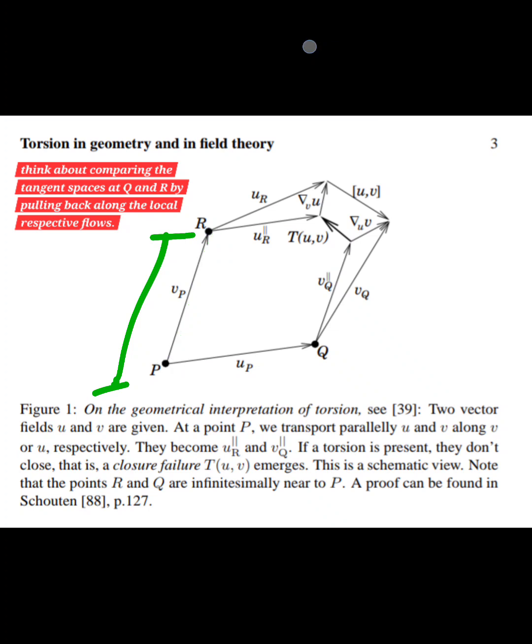And then we can define this same process for the direction u here and the directional derivative of the vector field v along the direction u. And now the first thing is that we are comparing, so we look at the Lie derivative, which is this commutator of vector fields.